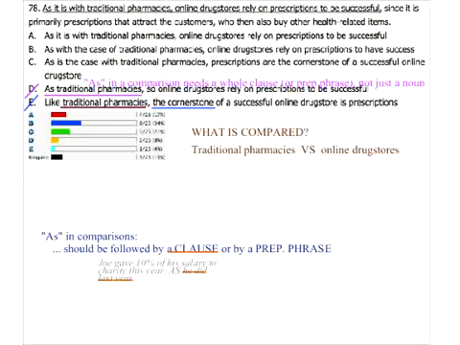So if you say the weather is hot and dry in Nevada as it is in Arizona, or you can say as in Arizona, the weather is hot and dry in Nevada. So as in Arizona is a prepositional phrase, as in the case of, whatever.